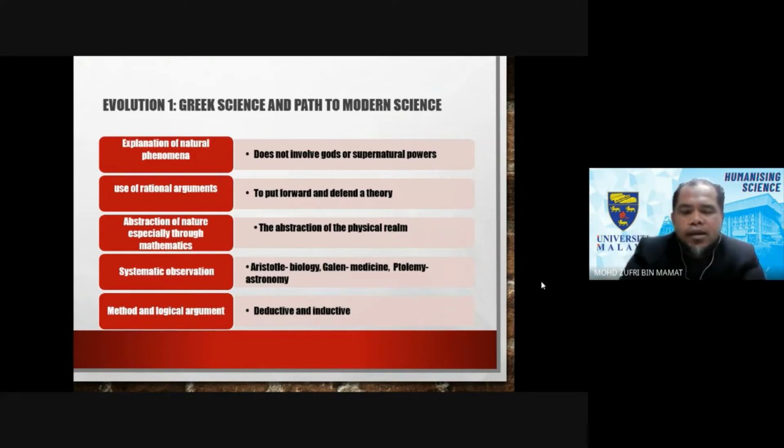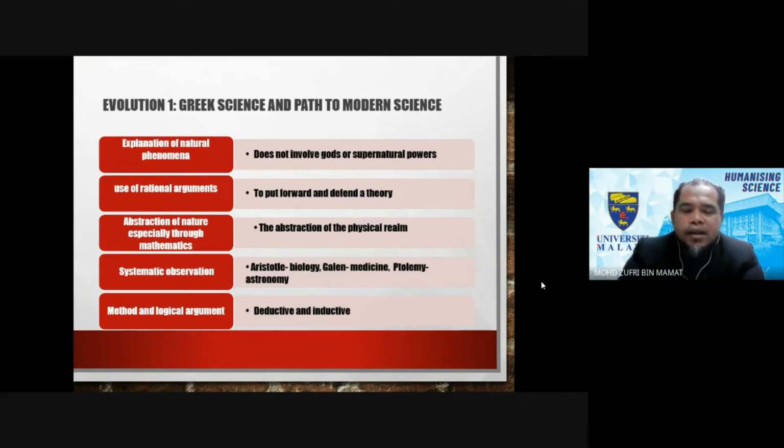For example, Thales, one of the philosophers in Greece, proposed water is everything. Meanwhile, Anaximenes proposed air is the origin of everything. Besides that, there is common law or natural law, which is not individualistic, but explained in a more complex context.